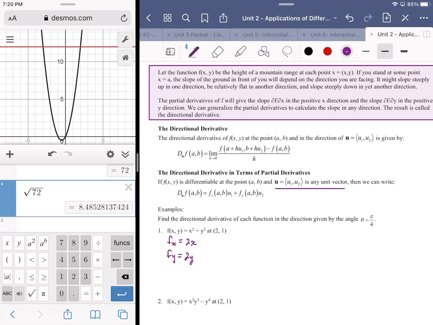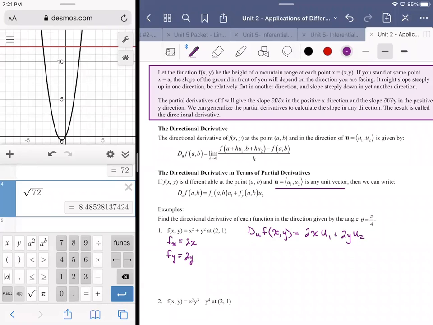Right? So if I'm telling you that the directional derivative related to the function f at some point AB, but I'm going to leave it as xy right now, just so I write it in more general terms, is going to be 2x multiplied by whatever u sub 1 is plus 2y multiplied by whatever u sub 2 is, right?